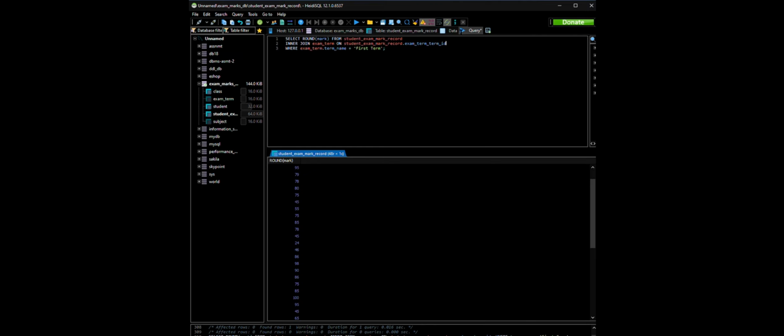So yeah, and we are supposed to join it to exam term dot term ID. Alright, so we have 24 results here. So this is one way of getting the rounded off integers.